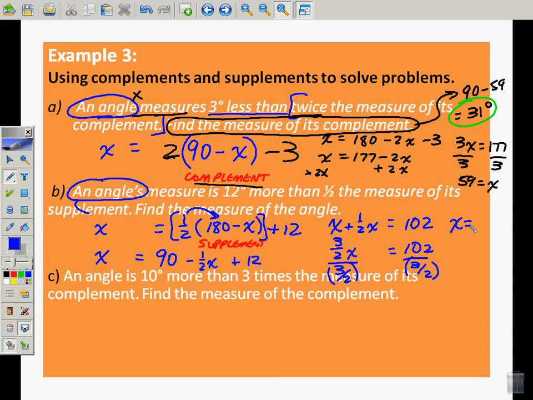Now, 68. X is equal to 68. What does this do for me?